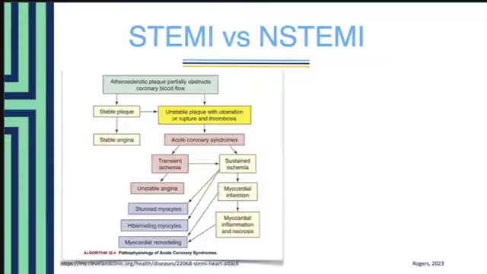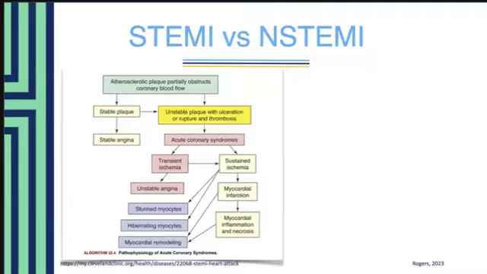We see statins to help lower cholesterol and almost stabilize that plaque if it's there. Aspirin and antiplatelets, so that helps reduce the formation of blood clots on plaque, or if a stent is in place, it prevents the clots from forming on the stent itself.